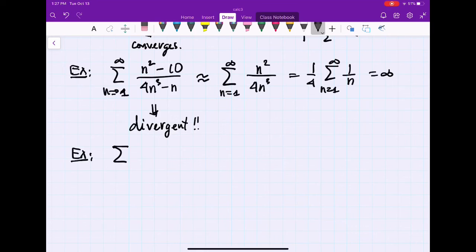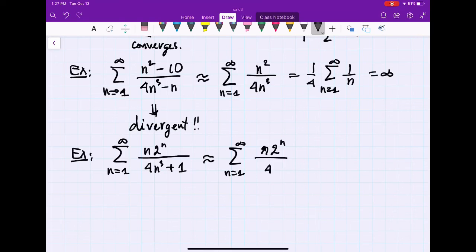Okay, let's consider the following one. The sum from n equals 1 to infinity of n times 2 to the n over 4n cubed plus 1. All right, so this is similar to the series from 1 to infinity of n times 2 to the n over 4n cubed.